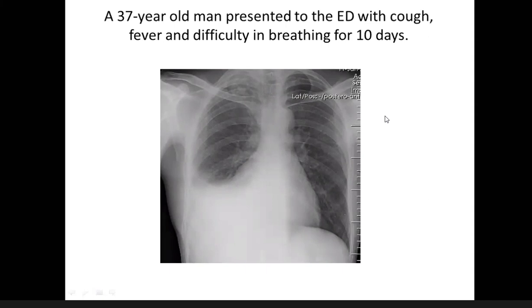So radiologically, there seems to be an opacification involving, you said, the right lower lobe, right? Why do you say it is right lower lobe involvement? In a chest X-ray, how are you going to find out whether the lower lobe is involved?